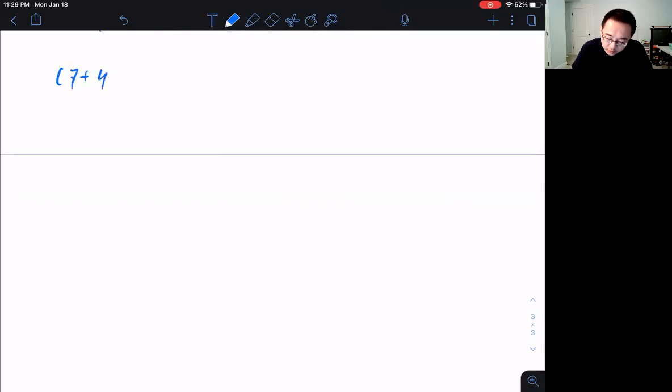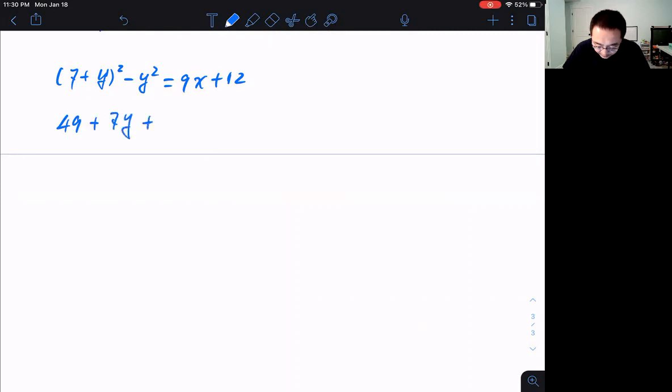So it's (7 plus y) squared minus y squared equals 9x plus 12, right? So this one has y squared, so it looks like it's not a linear function, but is it? Let's look at it and determine. If you remember last time, following the FOIL rule to expand your square terms, this equals 49 plus 7y plus 7y plus y squared.